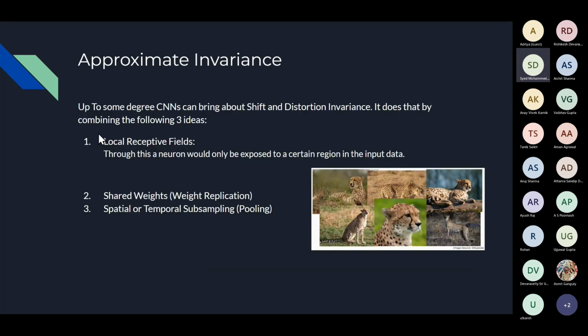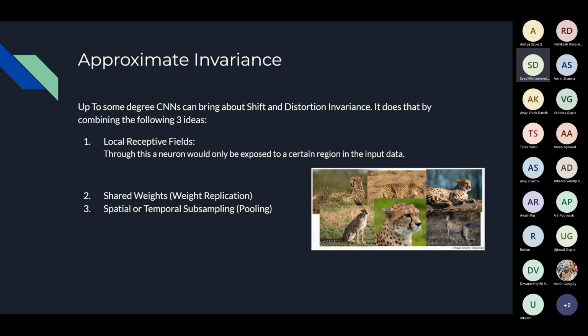What happens through the local receptive fields is that a neuron triggers only when it identifies certain sets of features in the data. And what that does is it decreases the number of connections within the network, and thus reduces the weights and biases to some extent, and the computation resources aren't compromised.